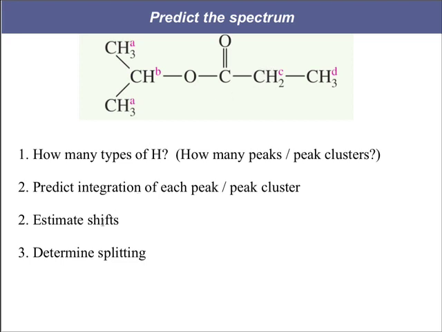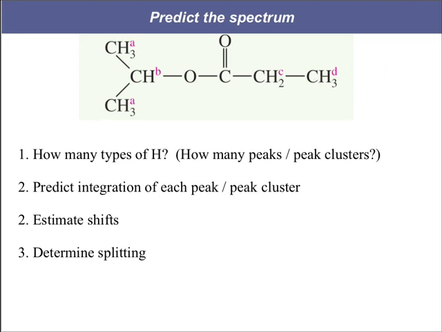Let's figure out what our splitting should be. Remember, splitting, we go by how many neighbors we have. And again, since these are all sp3 neighbors, CH3 to CH2, those are sp3, CH3 to CH, that's all sp3. All these are sp3 neighbors, so they should all be 7 hertz, and so all of our n+1 rules should apply.